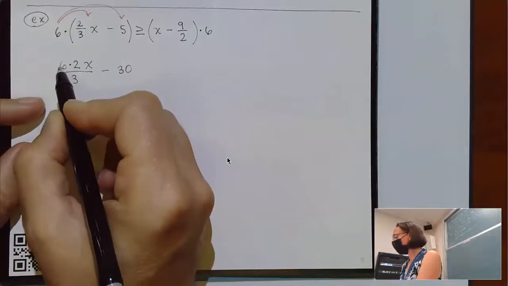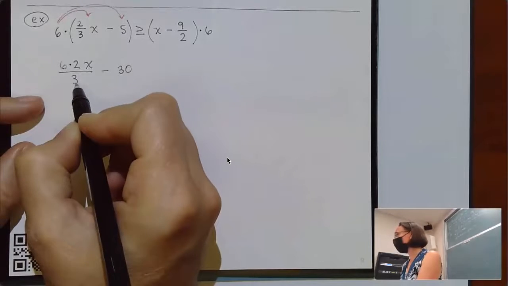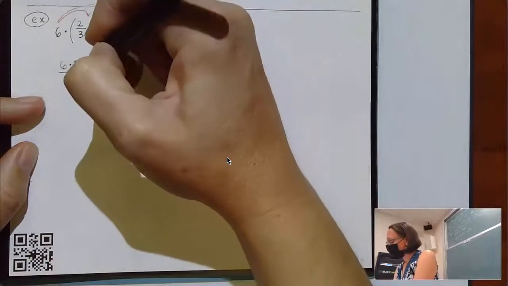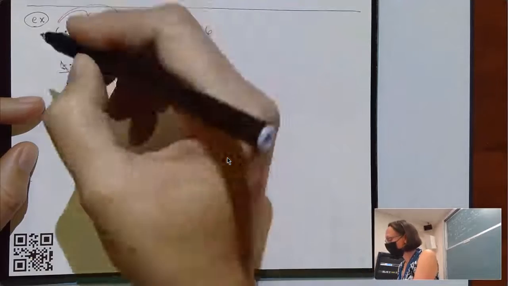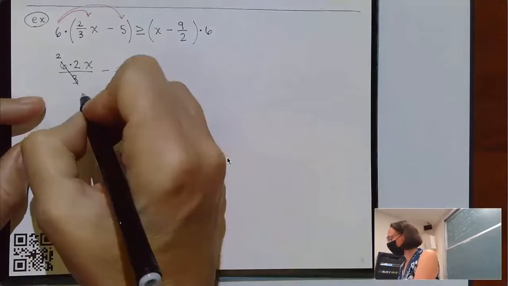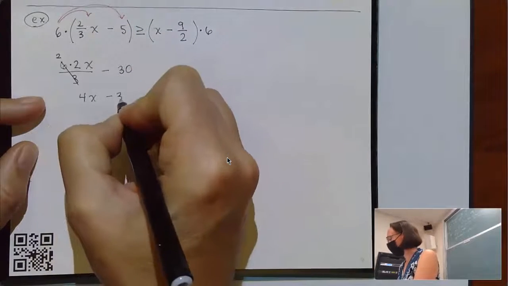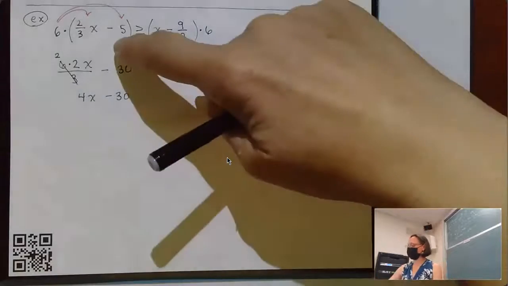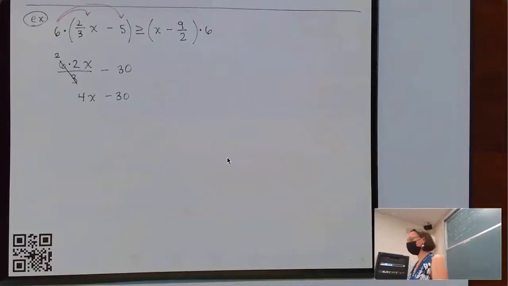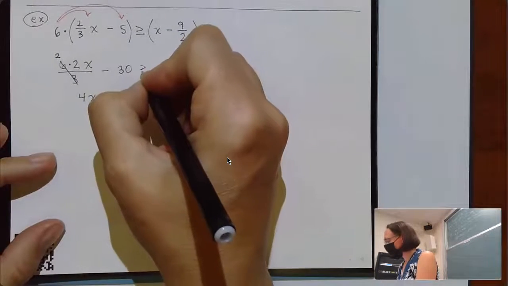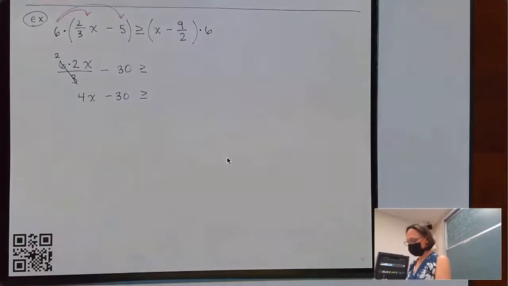Since 6 divided by 3 is 2, I can turn that 6 divided by 3 into a 2. And now I have 4x minus 30. Totally fine if you want to go straight from here to the 4x minus 30. We do the same thing on the other side, distributing in the 6.